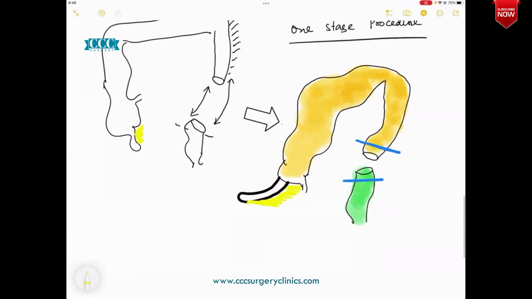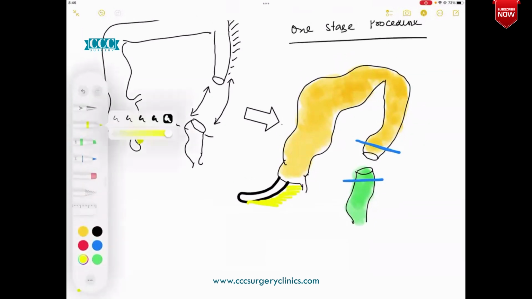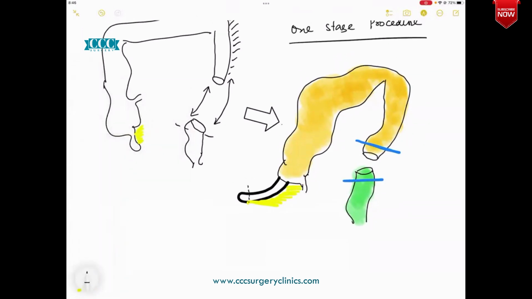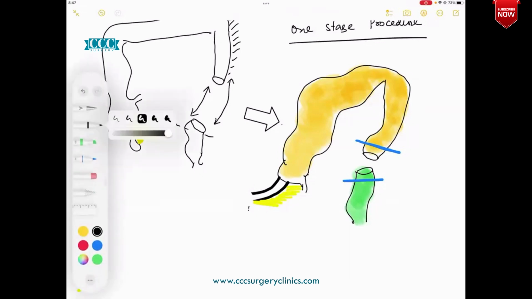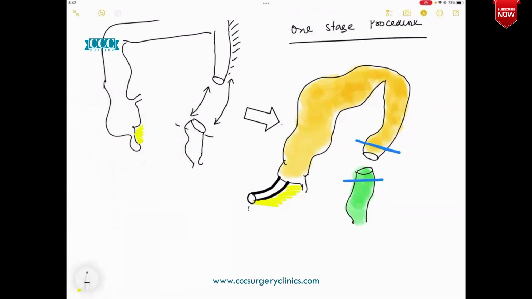is important. What is expected is that you excise the tip of the appendix, please see this picture. We have understood that this is the tip of the appendix, and through this you insert a Foley's catheter and put in warm normal saline, around 3 to 5 liters.